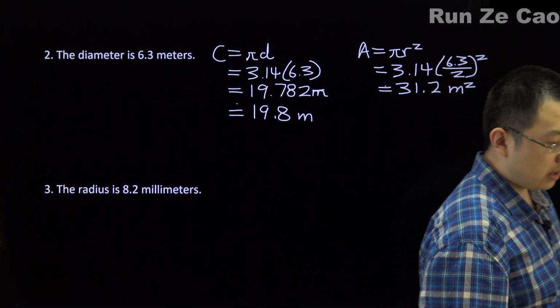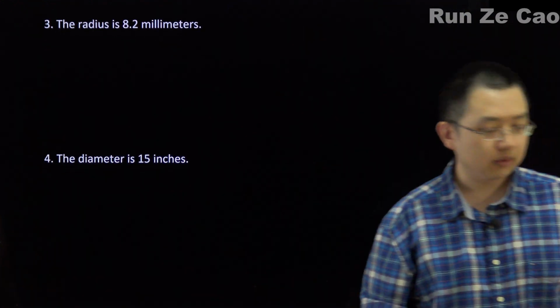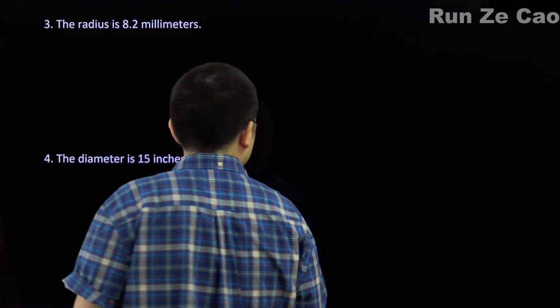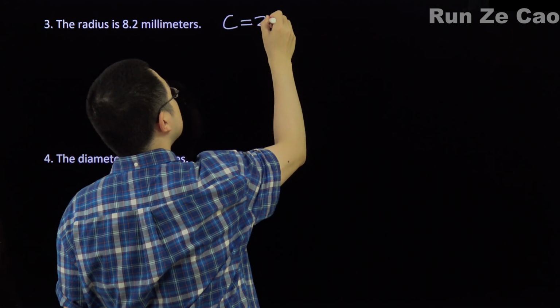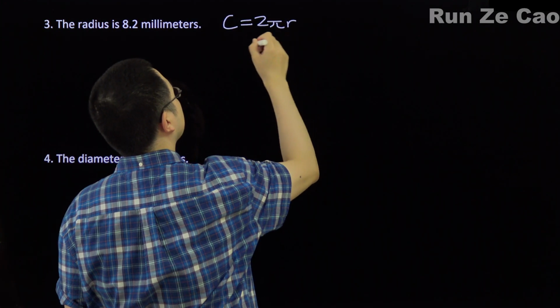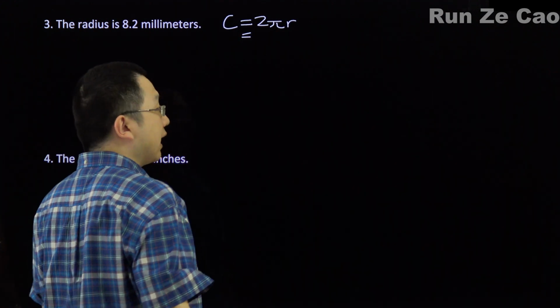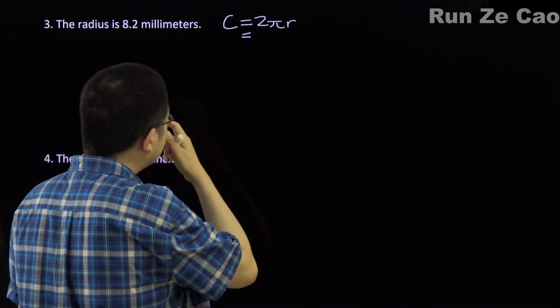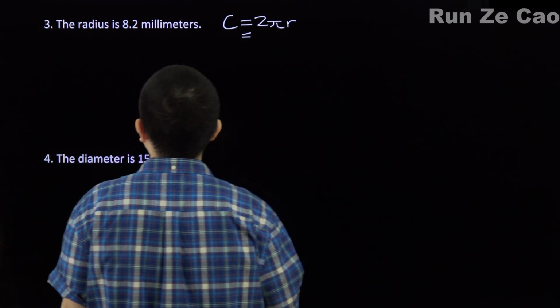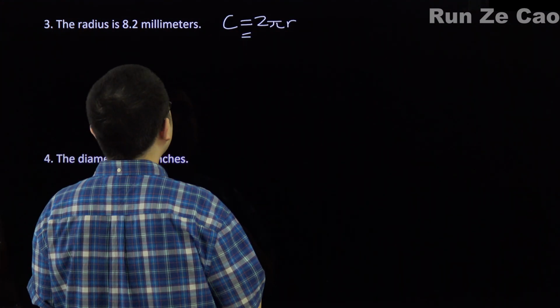Let's say we have a radius instead of a diameter. What can we do? Well, the circumference is 2 times pi times radius. Or rather, pi times double the radius, because the diameter is double the radius. So C equals 2 pi r.